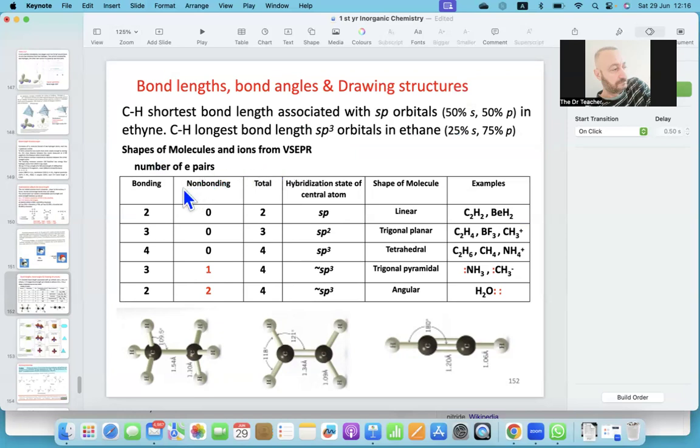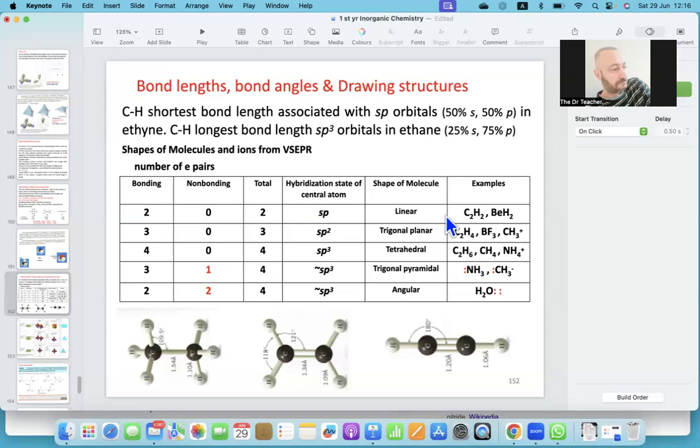So the shapes of the molecules and ions from the VSEPR valence theory: expected number of pairs in the bonding, non-bonding, the total, hybridization of the central atom, shape of molecule, and example. So if we have two bonds, there is no non-bonding. The total is 2, and it's sp hybridization for the central atom.